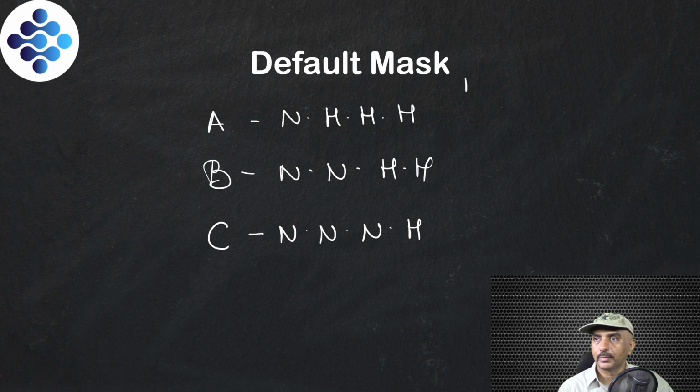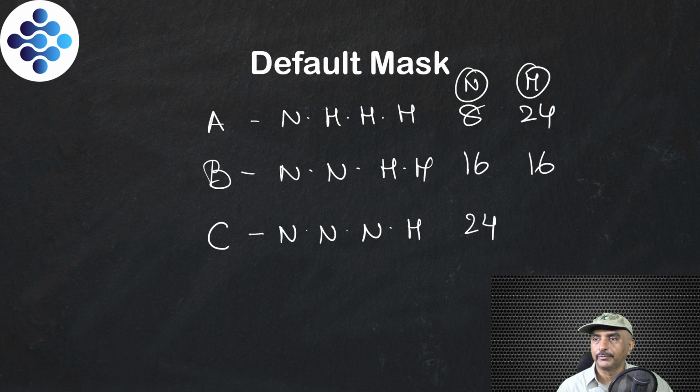So how many network bits and how many host bits? Class A is 8 and 24, class B 16 and 16, class C 24 and 8. So what exactly is a mask? Mask is when network bits are made 1 and host bits are made 0.